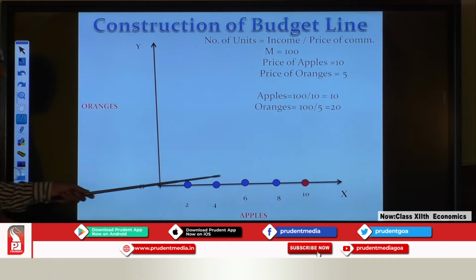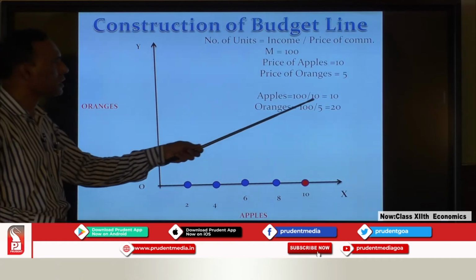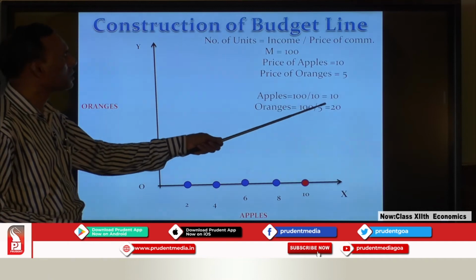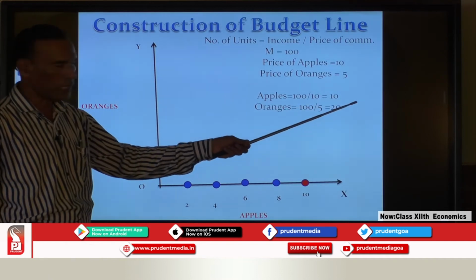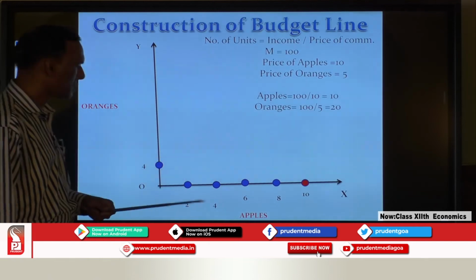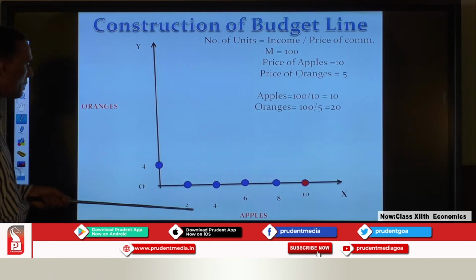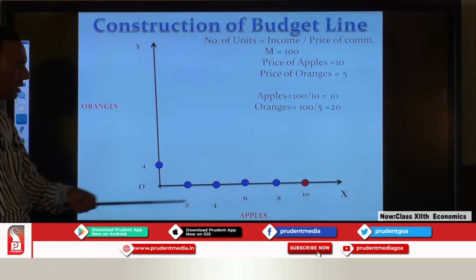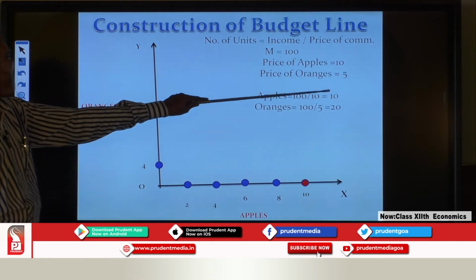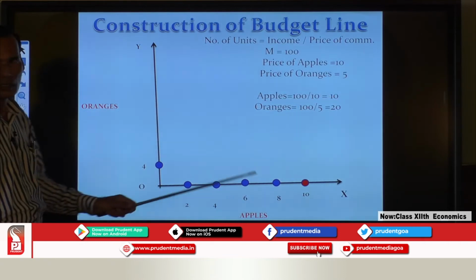So, taking the values of calculation, in case of apples I got the value as 10. In case of oranges, I got 20. So, taking 1 centimeter as 2 units, I have taken the scale, and see that the value is included on the axis.